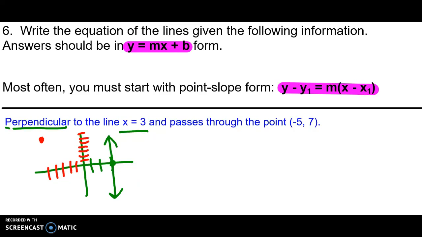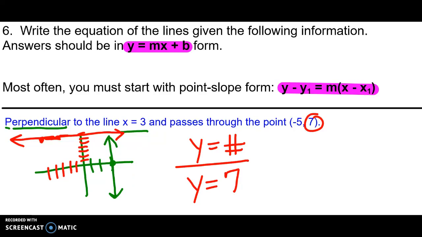So if we want to be perpendicular to this vertical line, our line would have to go like so. All right, this is a horizontal line, so we know it has to be y equals a number. So we look at, what does y equal? y equals 7. And that's it.